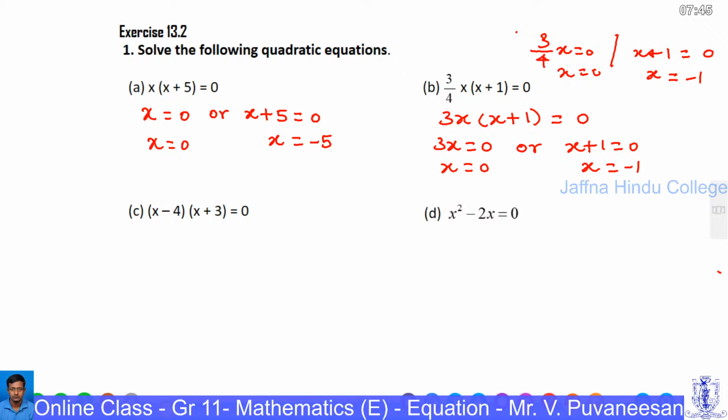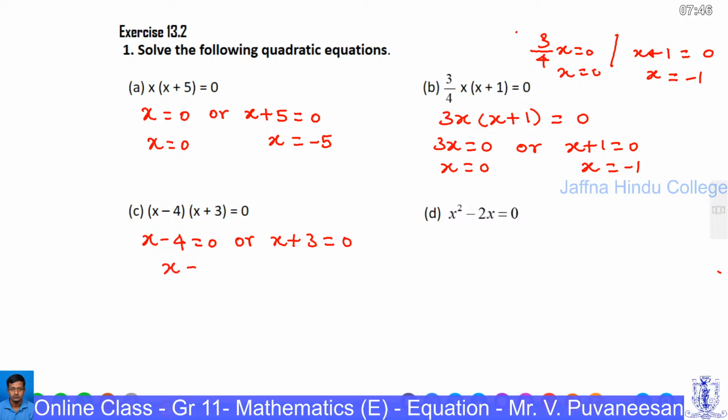Third one is also factorized, given as a product of two factors: x minus 4 into x plus 3 is equal to 0. We can come to the conclusion that x minus 4 is equal to 0 or x plus 3 is equal to 0.